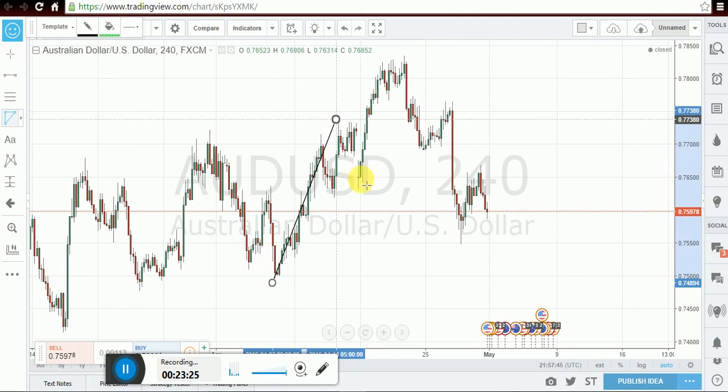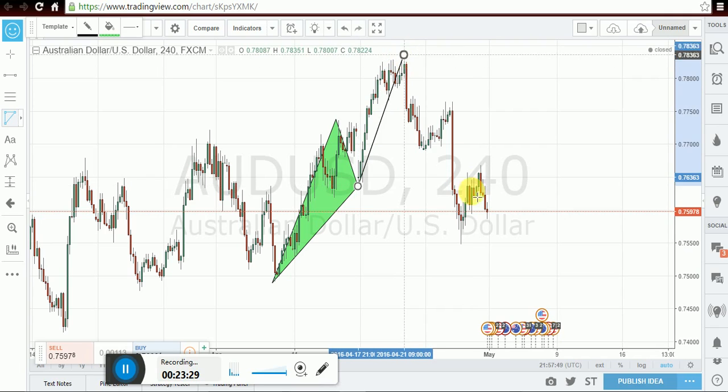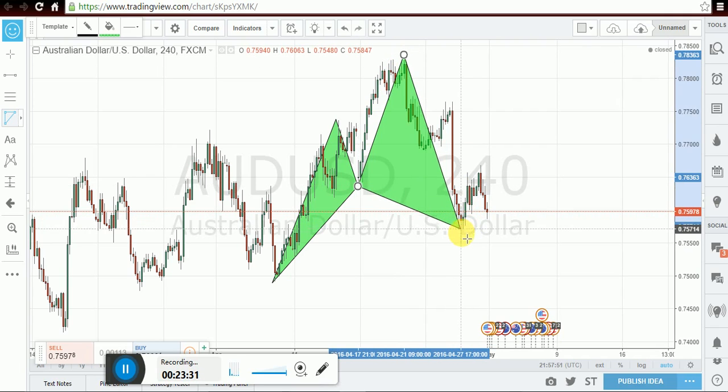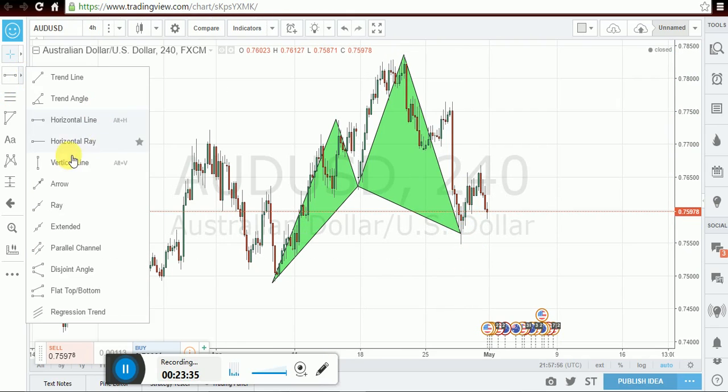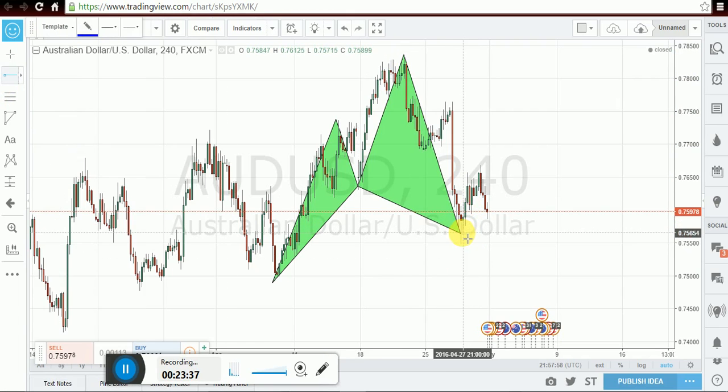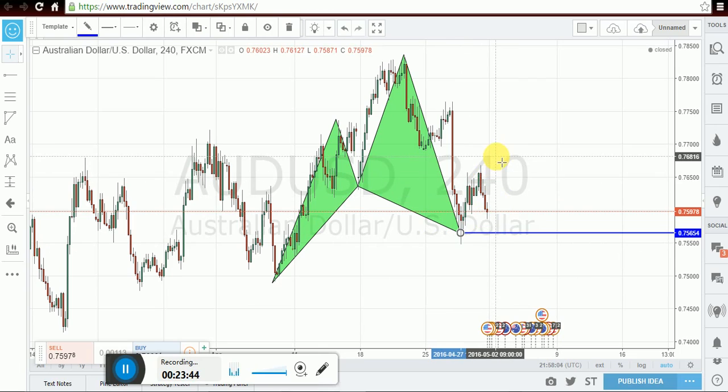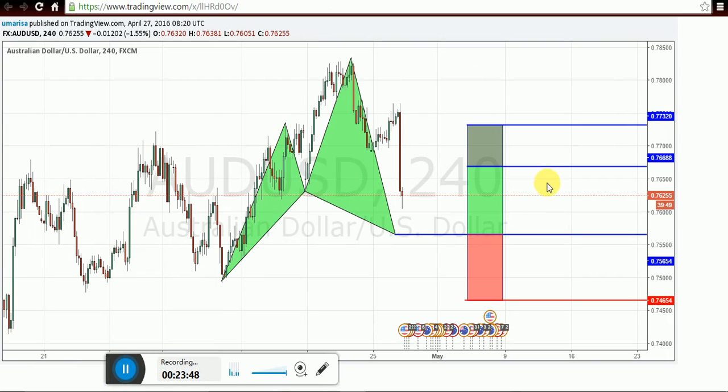X to A, A to B, B to C, C to D. Cipher pattern completed around 76.65. We've already hit our first target on this one for about 100 pips, so we're still waiting for our second target. Hopefully, if we can get there, it's going to be another good trade, but we'll see.